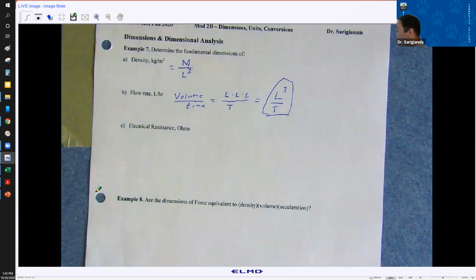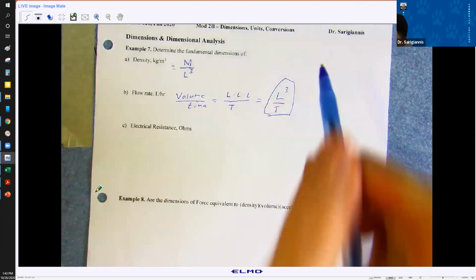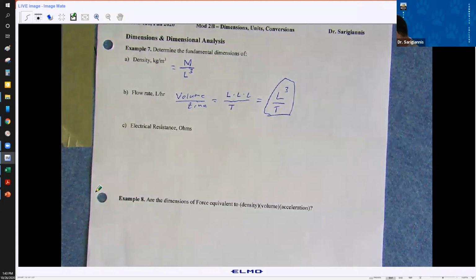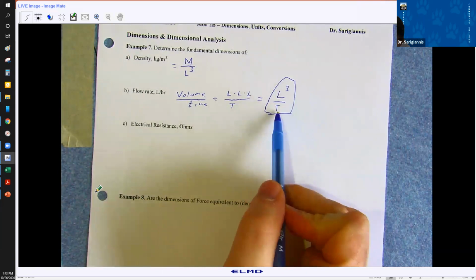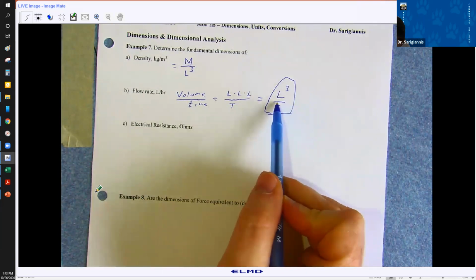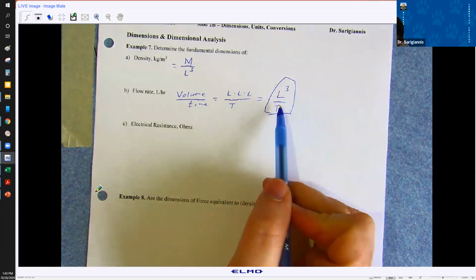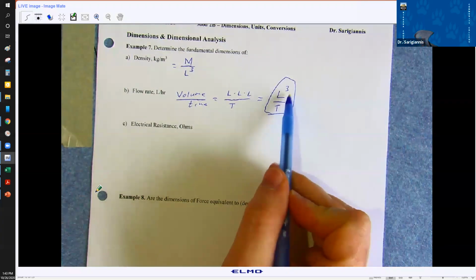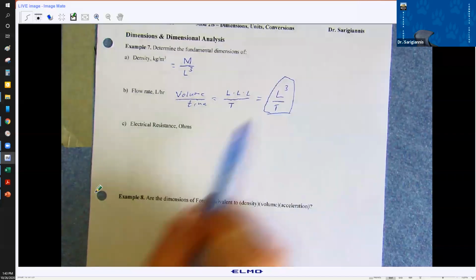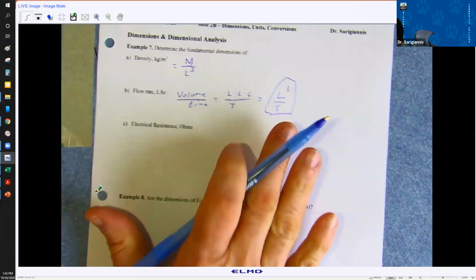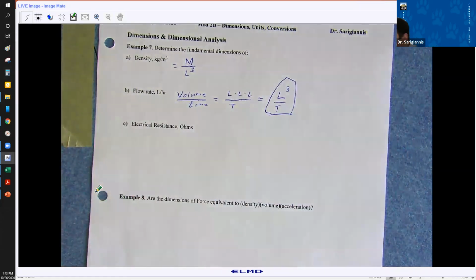And again, this doesn't matter if you're in metric or English systems. In metric, it would be meters cubed per unit time, or milliliters per second, cubic feet per second, cubic feet per hour, liters per hour, liters per second, right? These are the base dimensions of flow rate.